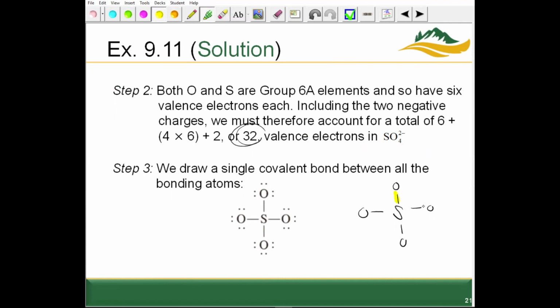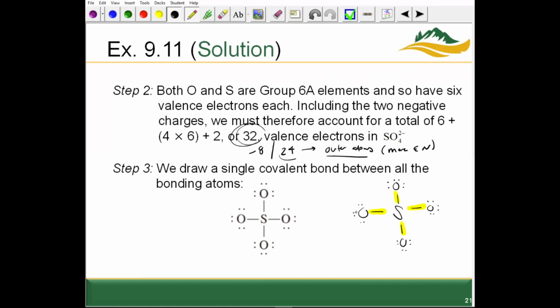If we're drawing this skeleton of a structure like this, then at this point we've used up 1, 2, 3, 4, 5, 6, 7, 8 electrons just from drawing in those bonds. With 24 electrons remaining, we draw those on the outer atoms. The outer atoms are the more electronegative atoms. So 1, 2, 3, 4, 5, 6, 1, 2, 3, 4, 5, 6.